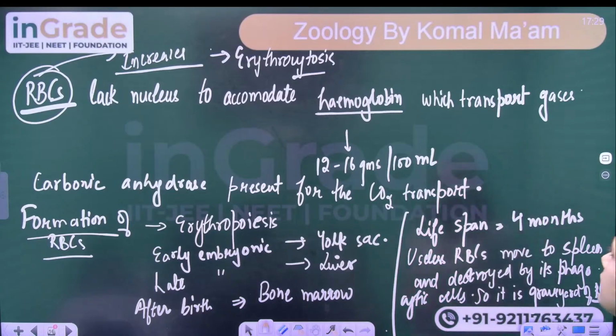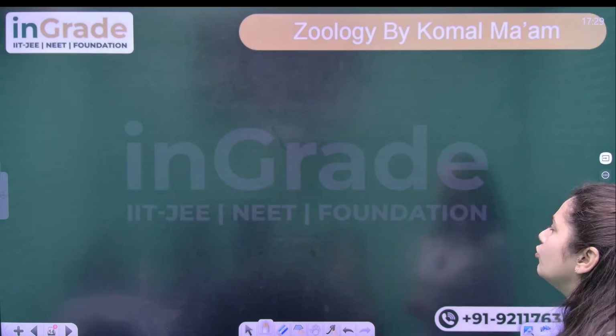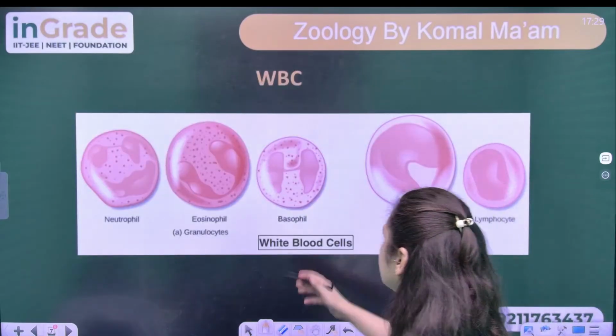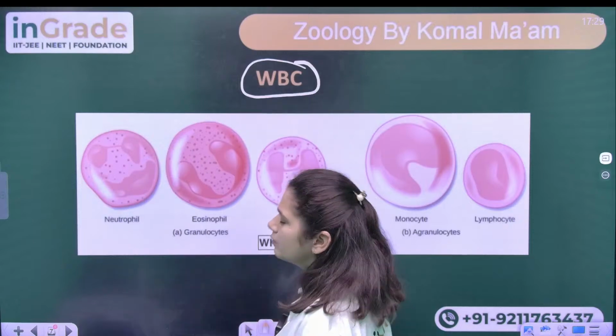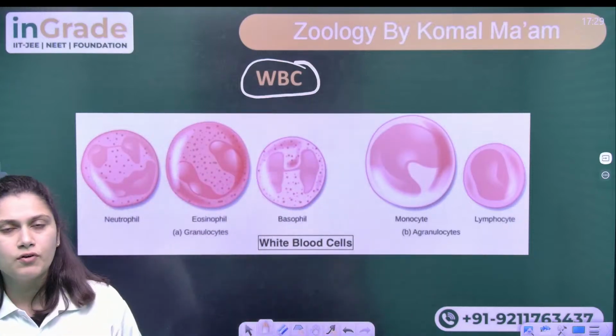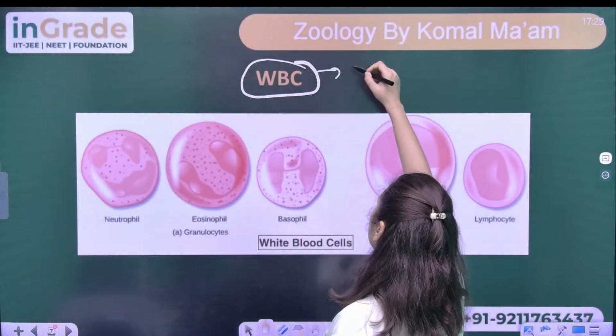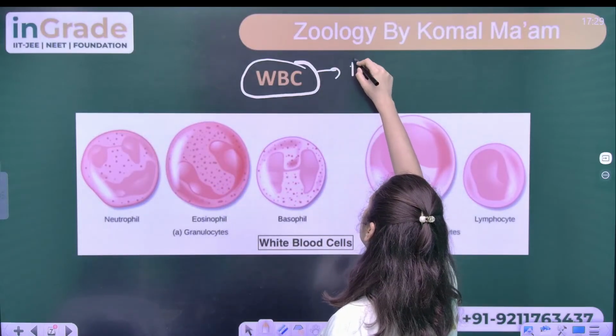Yes, next see, beta, next is your WBCs. Next, let's talk about WBCs. What are WBCs? Basically, these are the cells for the defense mechanism.